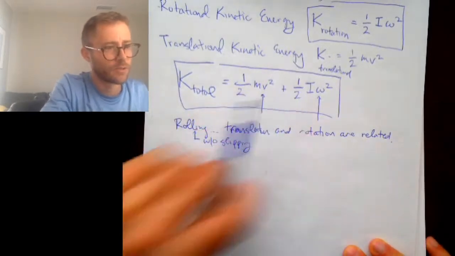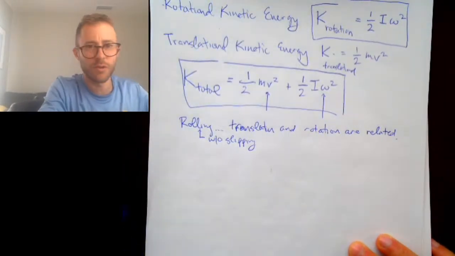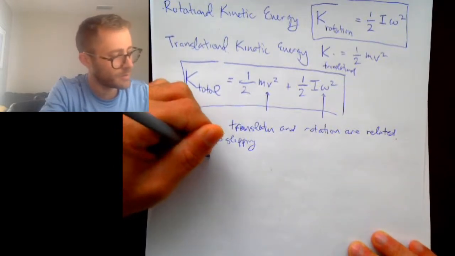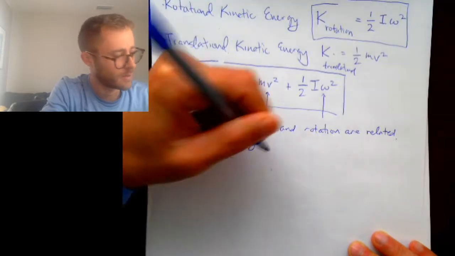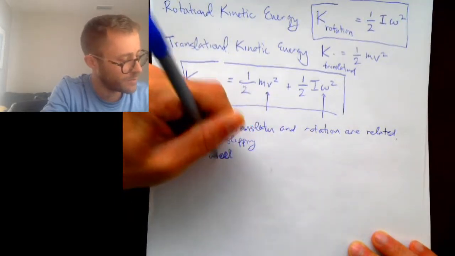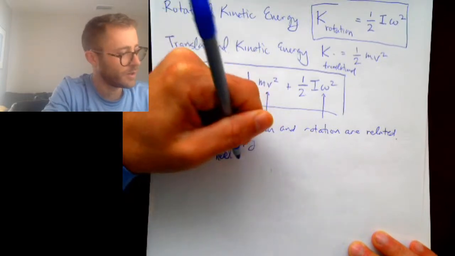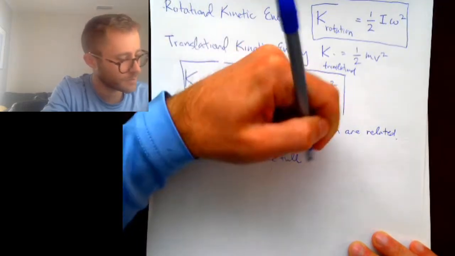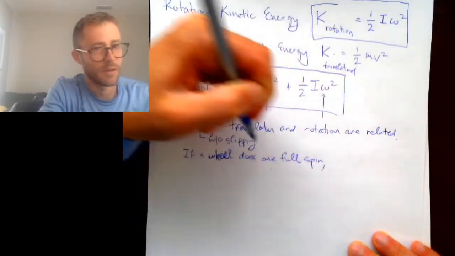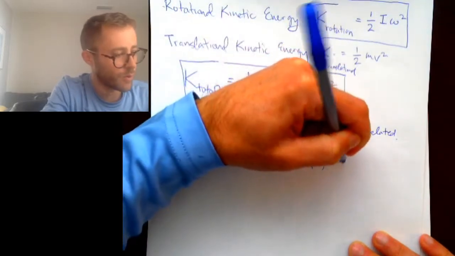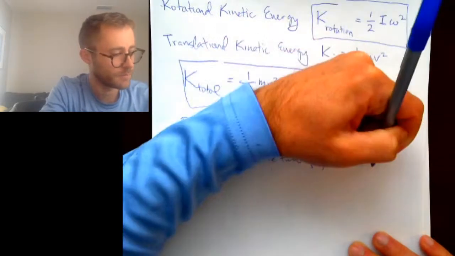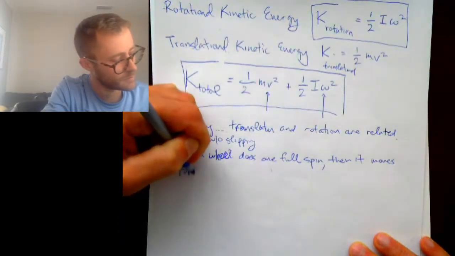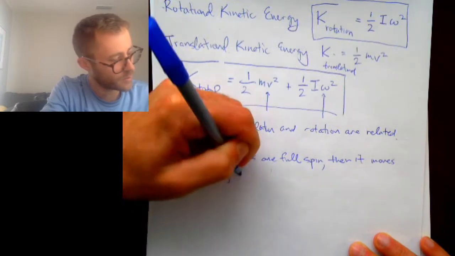Okay, so if you are rolling without slipping, if a wheel does one full spin, then it moves forward by one circumference.